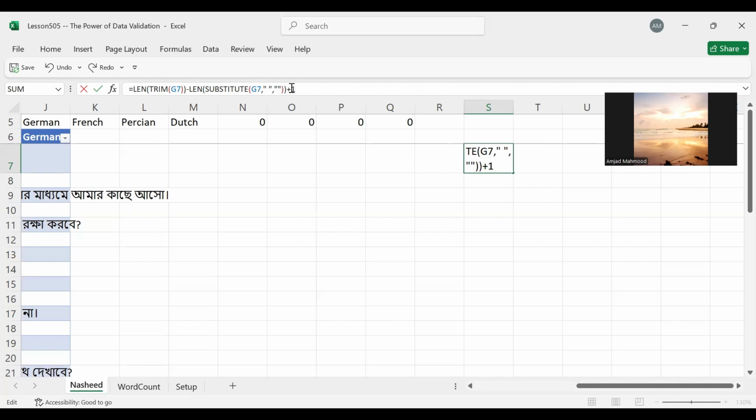So this is the substitute. Substitute is actually a replacement function, which replaces your desired target character, which can be any character, with a certain character. So here we are replacing the space with a null, and then counting the length.